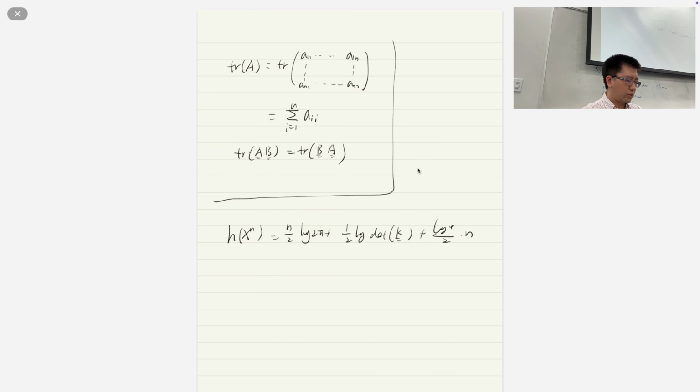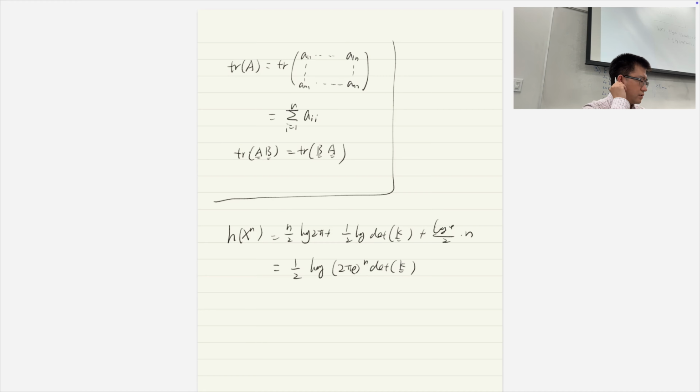Then we can combine all of them. So we have a half everywhere, right? And then we move everything inside. You can compute it. Eventually, we're going to have this: 2 pi e to the n, determinant of K. So that's basically what we got. There's an e here, I missed. So this is the differential entropy of a Gaussian random vector.